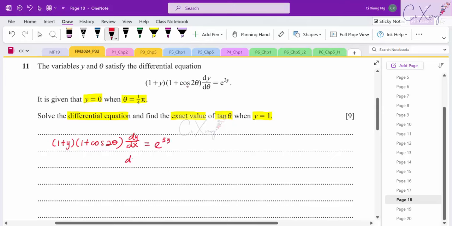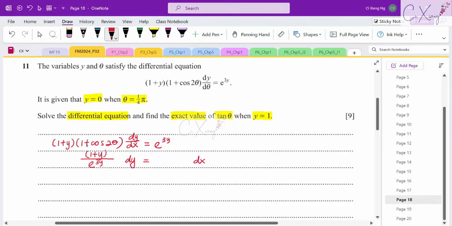I want to keep my dy here. So that means I'm trying to move all my terms with the y over to the left-hand side. So I will have 1 plus y divided by e power 3y.